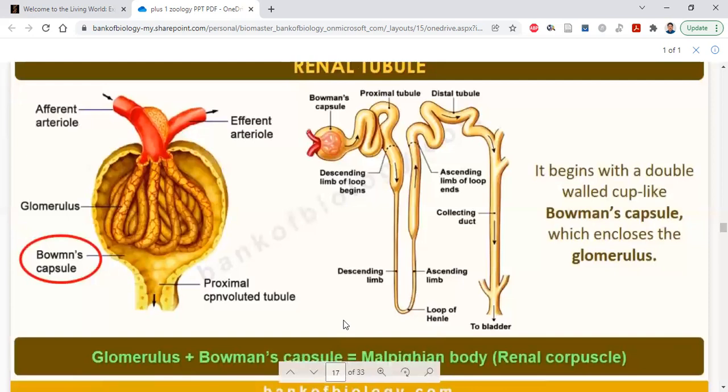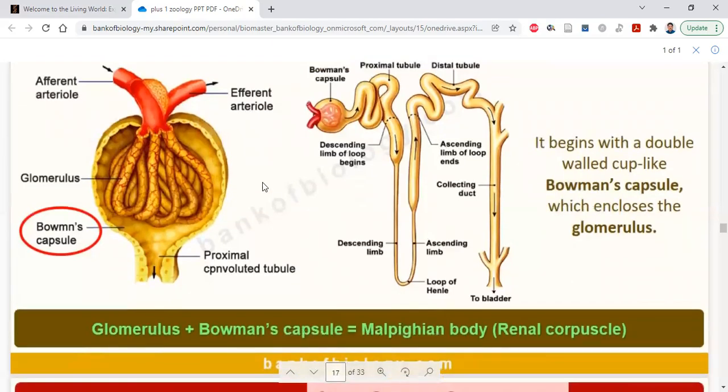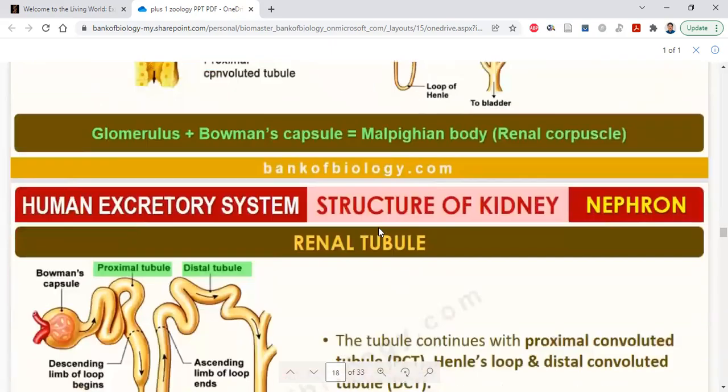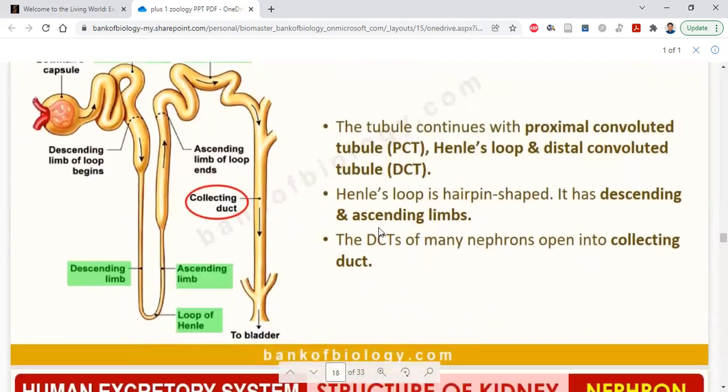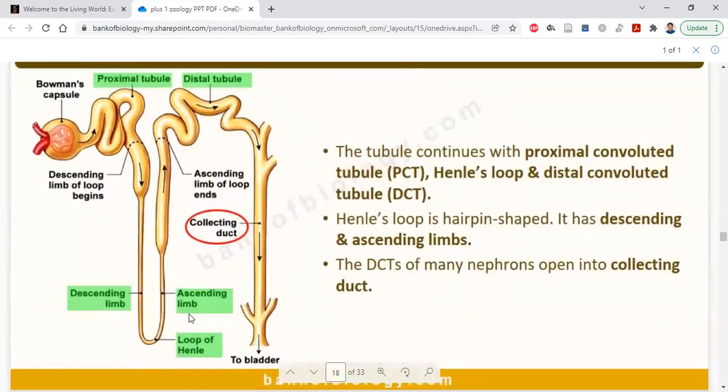The glomerulus plus Bowman's capsule is usually called the Malpighian body, or we can say the renal corpuscle. And as we see, there is a descending limb of the loop of Henle, an ascending limb of the loop of Henle, and this is the loop of Henle, PCT, DCT. There is the distal convoluted tubule, and this is the collecting duct. It connects to the bladder.